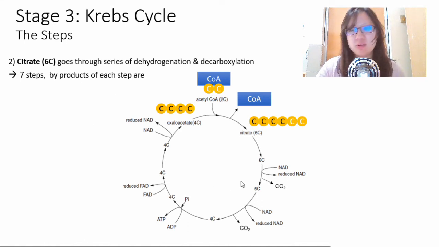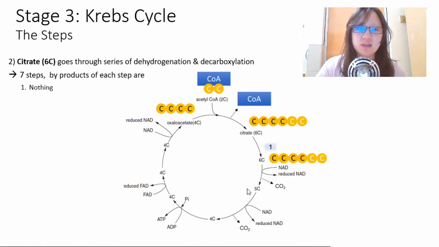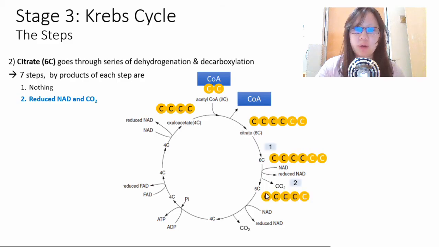Number 1 is nothing. Number 2, you remove hydrogen and you remove CO2. If you decarboxylate something, it's going to be reduced by 1 carbon. So you end up with a 5-carbon molecule.